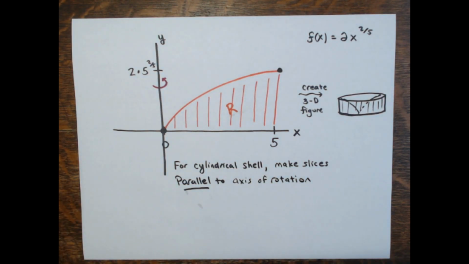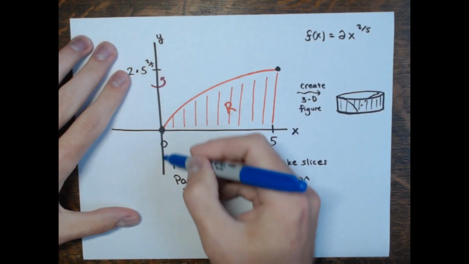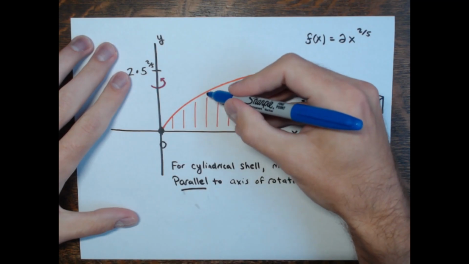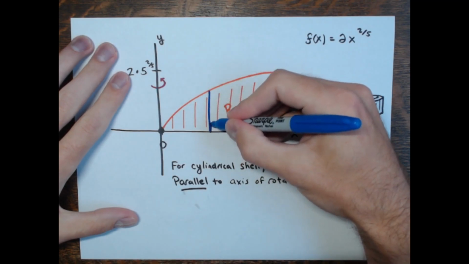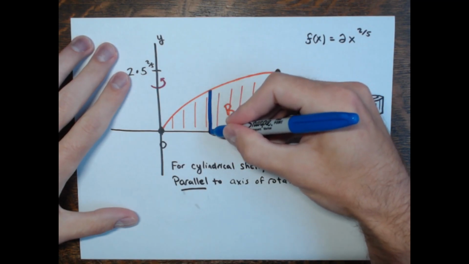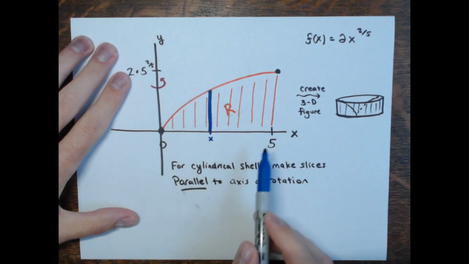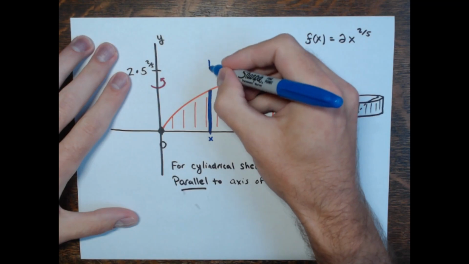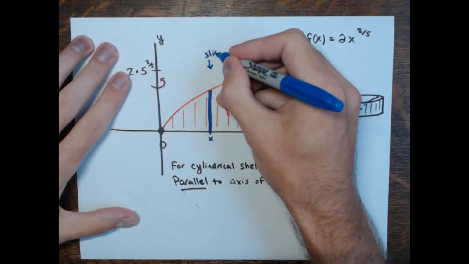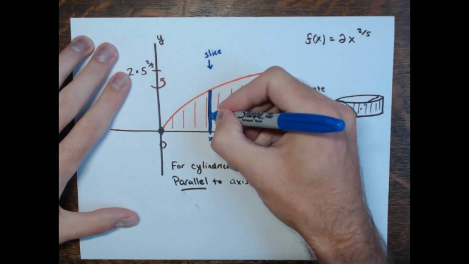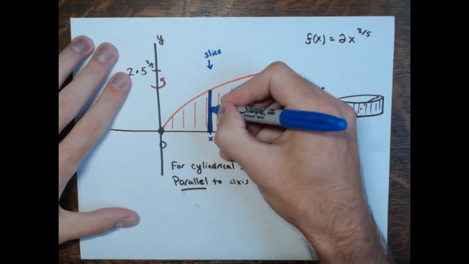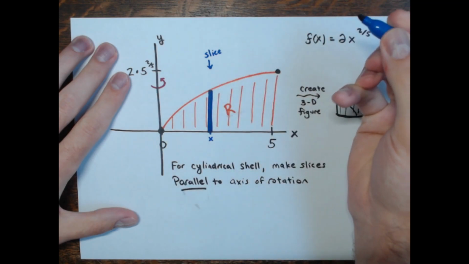So if I do that here, parallel to the y-axis, that's a vertical strip. Right out here, say here's one little slice, and that would be above some particular x value from 0 to 5. So I make this slice of the region. Think about it as some thin little rectangular strip, a very thin rectangle.